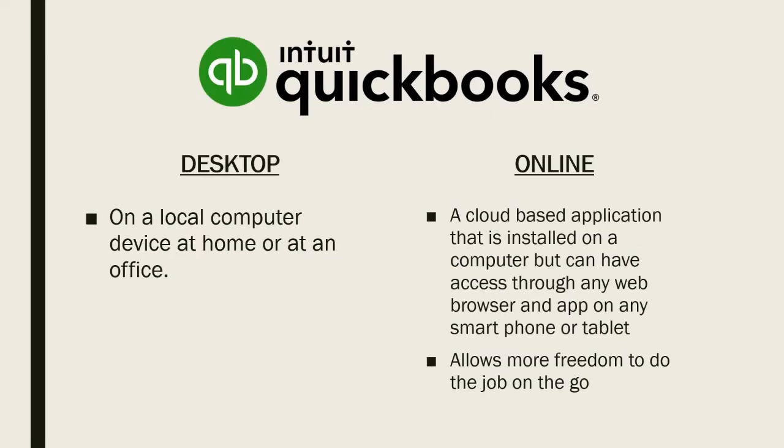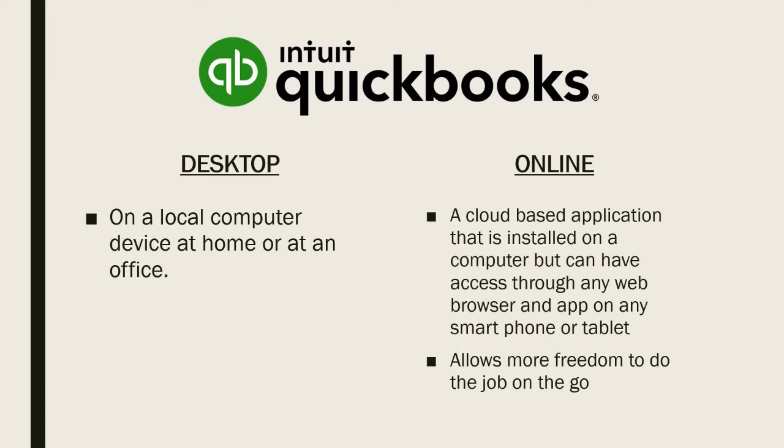Okay. So once again, we're going to talk about the difference between a desktop version and an online version. The desktop version is pretty straightforward. It's an actual legitimate program that is on a local computer or hard drive. Usually any home desk place or office would have a downloadable program on the actual computer itself.